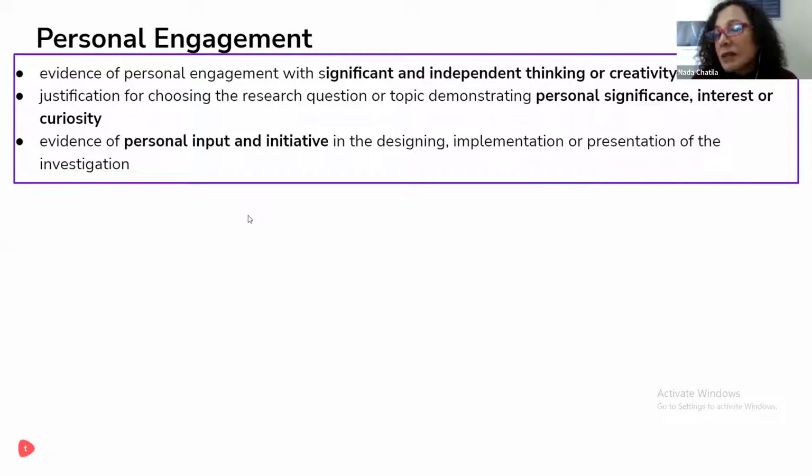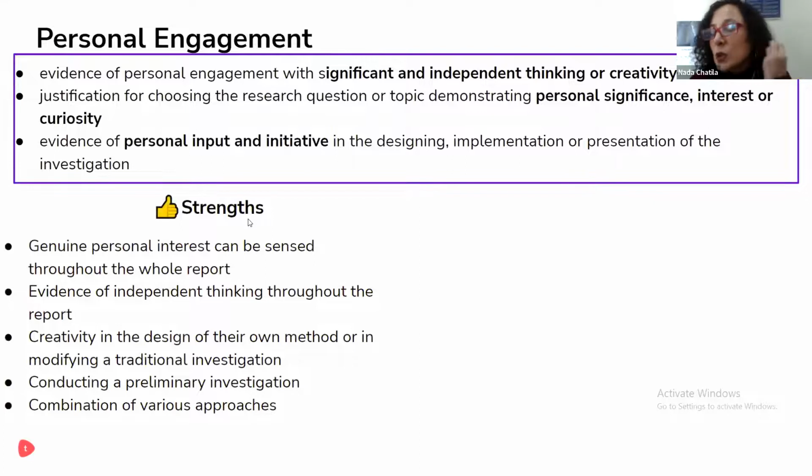When we are marking the IAs, we look for the following points and we consider them to be areas of strength. There is a strong personal engagement. There is a genuine personal interest that can be sensed throughout the whole report. I really underline the words genuine and sensed. It doesn't have to be explicitly mentioned.